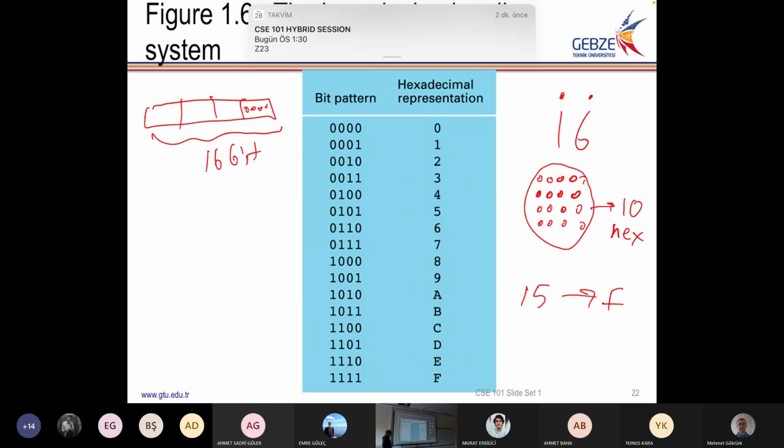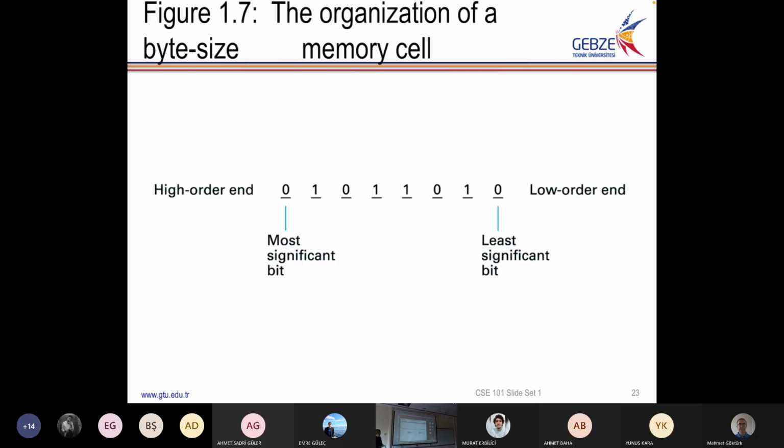So when we talk about numbers, there is some ordering. For any given binary number, this is an 8-bit number.